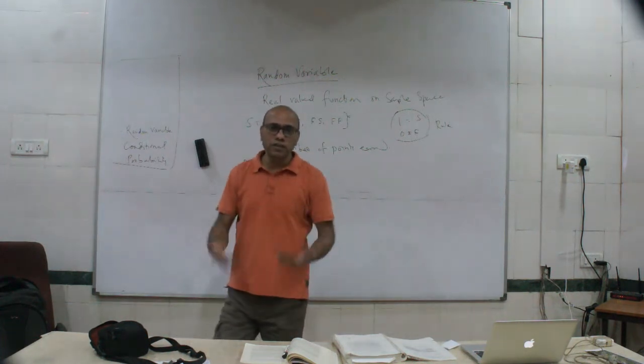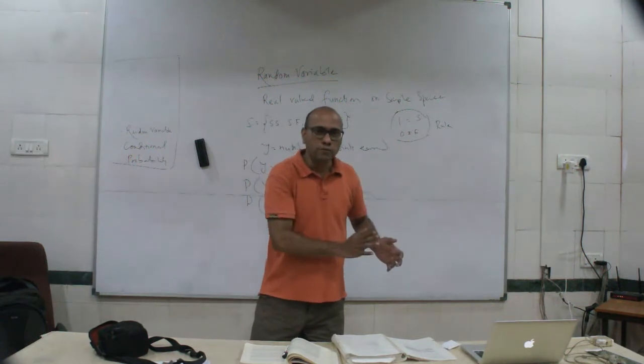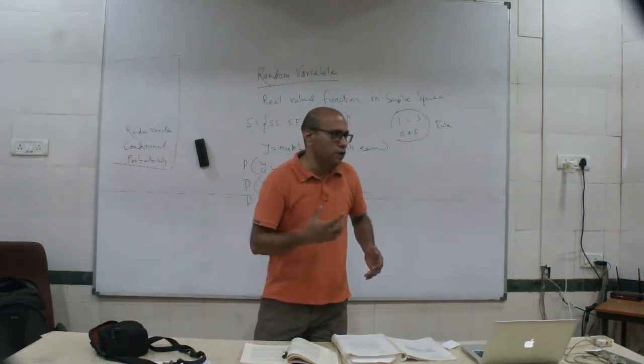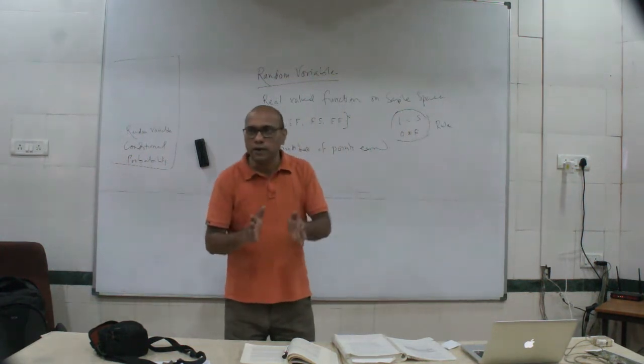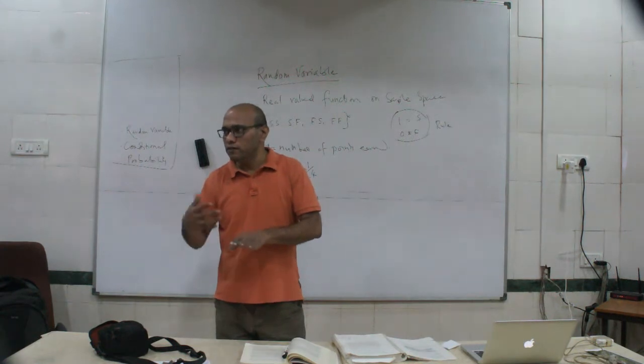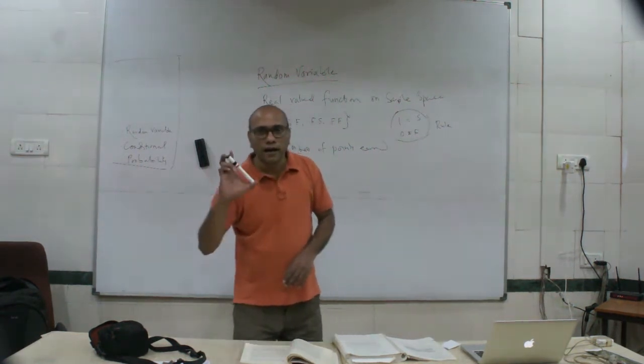So my sample's mean changes as I obtain the next sample. If I keep on changing the sample, the mean of the sample is a different value. If I draw the sample again from the population, the mean value that I am getting for the sample is a different value. So my sample mean is a random variable.